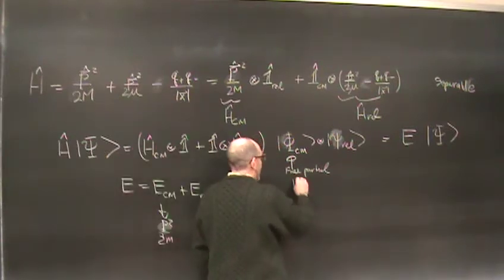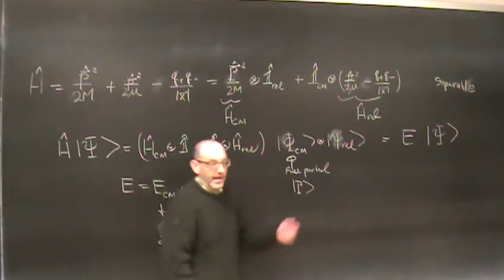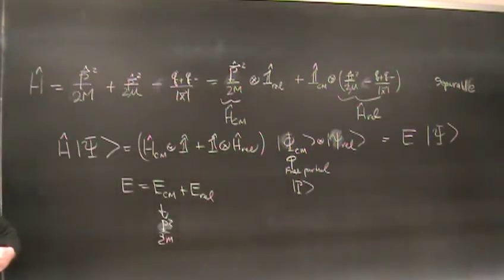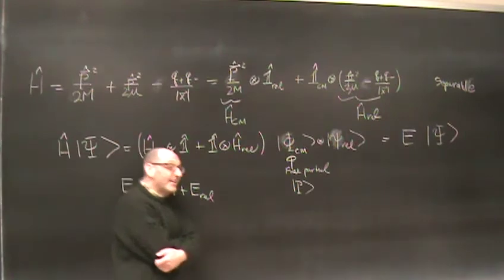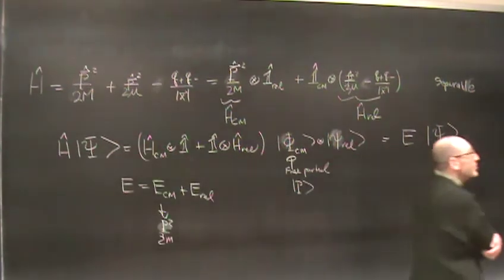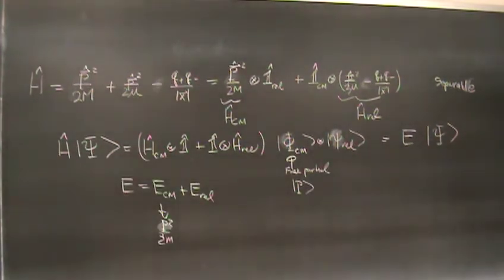So we can write, for example, momentum eigenstates as possible energy eigenstates of center of mass. Typically, one ignores this. Typically, one treats the motion of the center of mass classically.